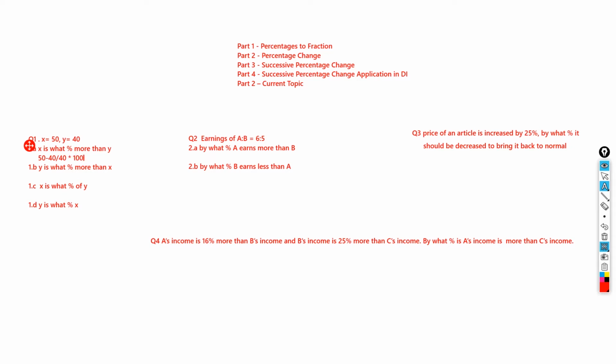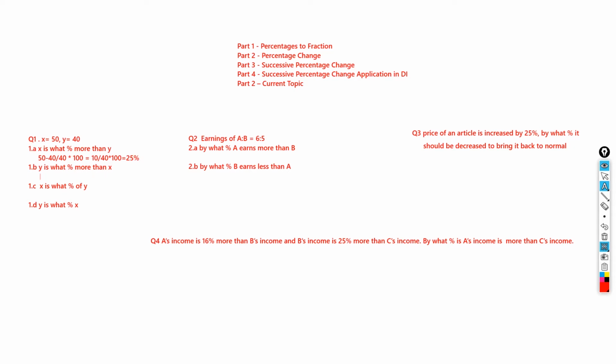So what will this come up to be? 50 minus 40 is 10, 10 by 40 into 100, which is 25%. So x is 25% more than y. Now let's check how much y is more than x.